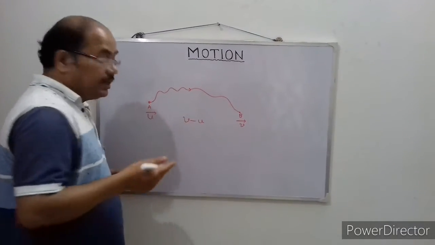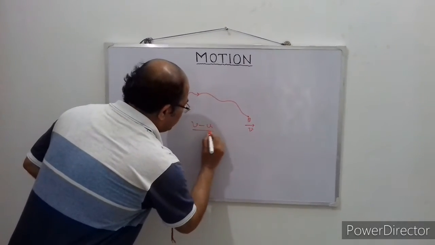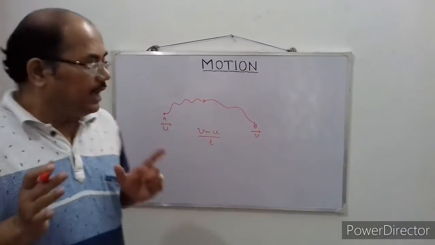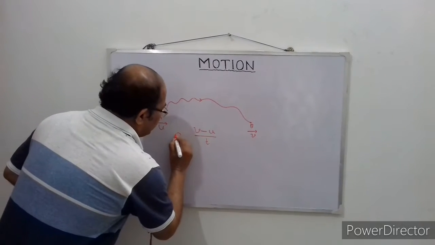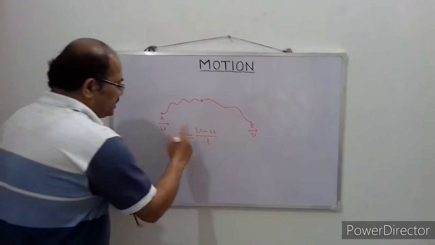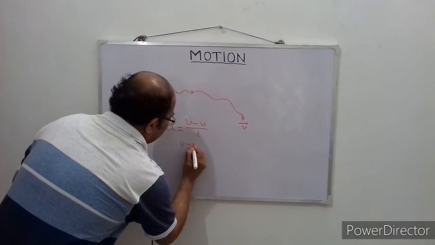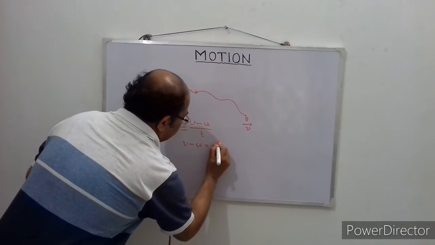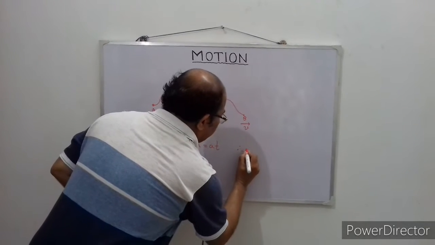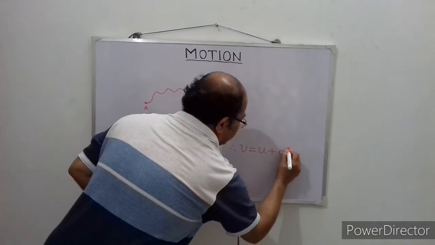Okay. Now the rate of change of velocity with respect to time is (v minus u) by t. This rate of change of velocity is called acceleration. So acceleration a equals (v minus u) by t. If we slightly change this equation, v minus u equals at, by cross multiplication, and therefore v equals u plus at.